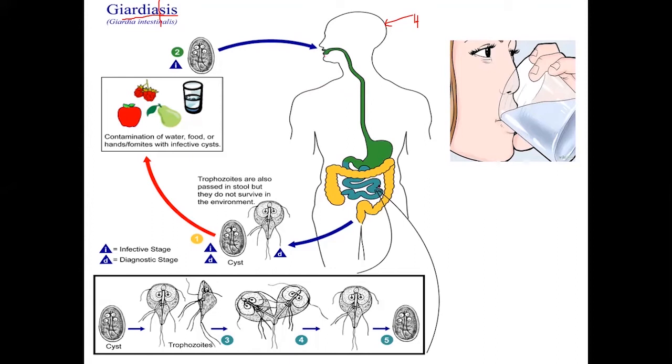Especially, we can see Giardia in the small intestine region of the human. So the host is human and the habitat is the small intestine. Think of a person infected with giardiasis.